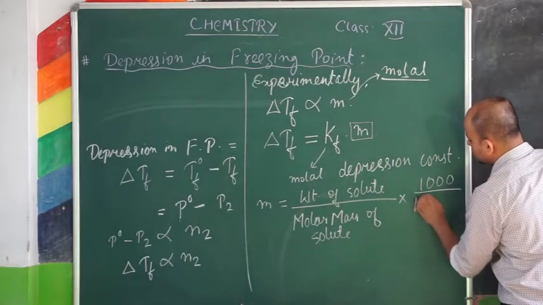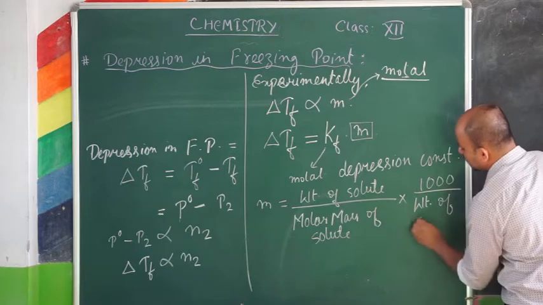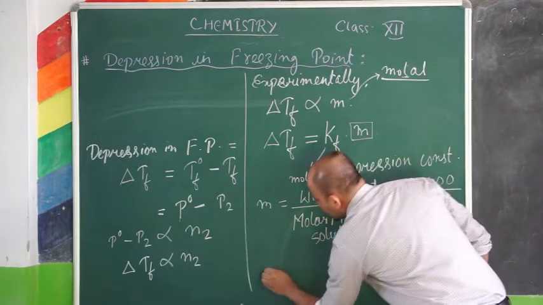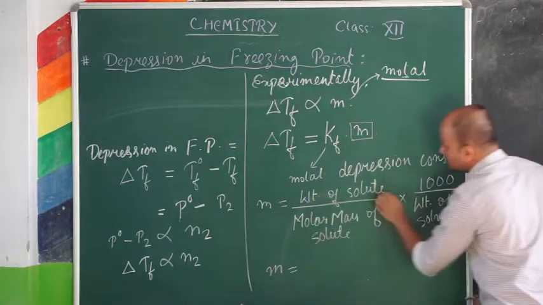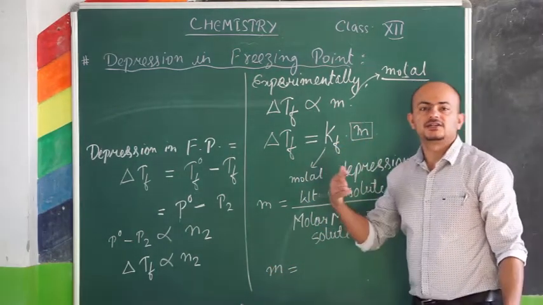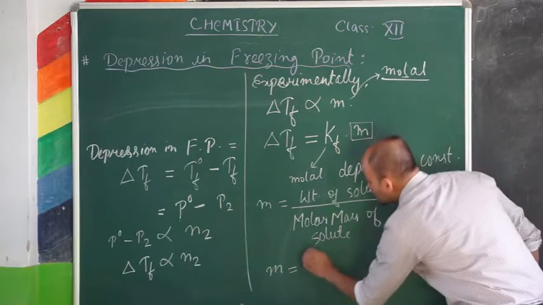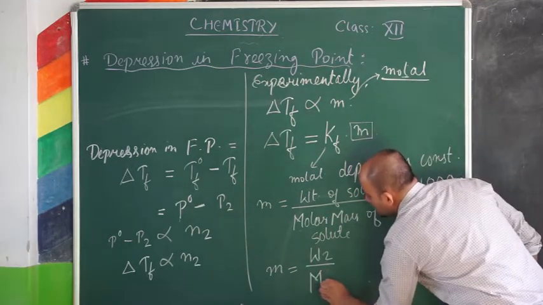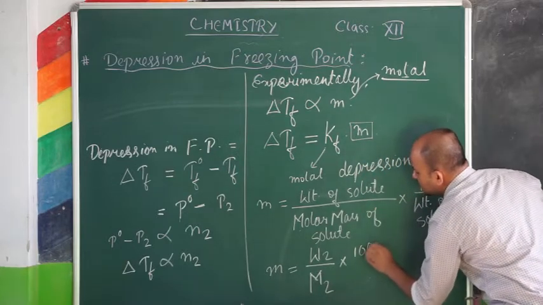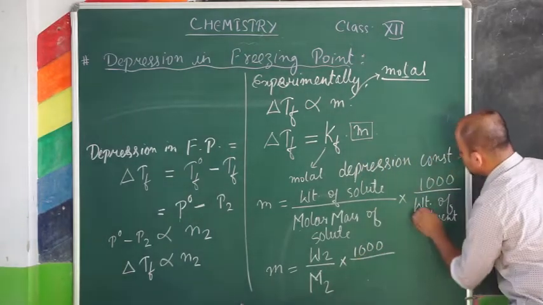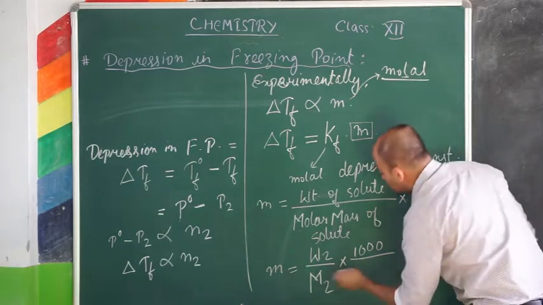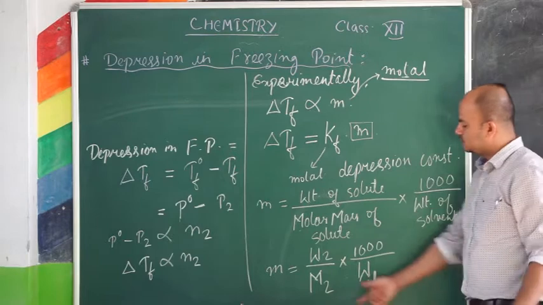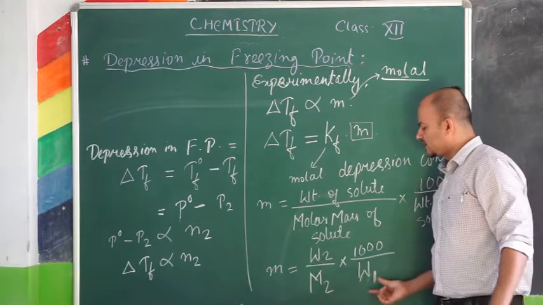So this m can be written as weight of solid, which for the solid is always written as 2, please remember, W2 divided by molecular mass M2, into 1000 divided by the weight of the solvent. Now, weight of solvent is always written as 1. Please don't get confused with regard to 1 and 2.